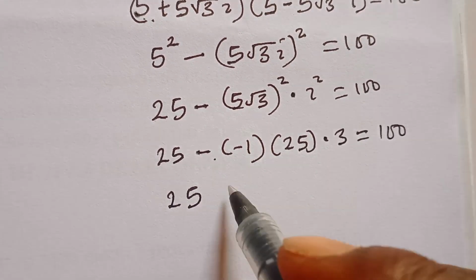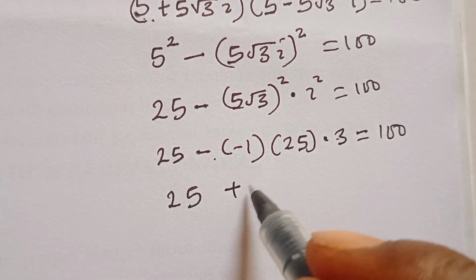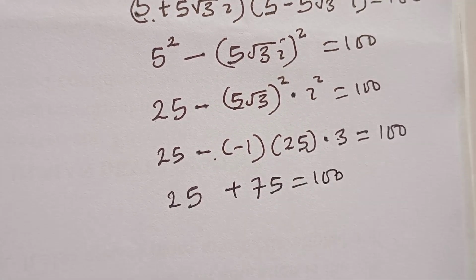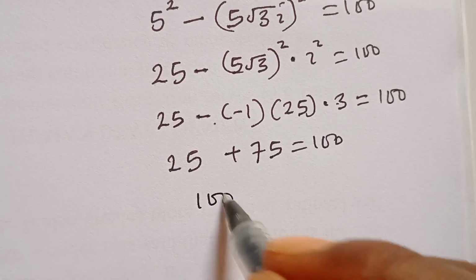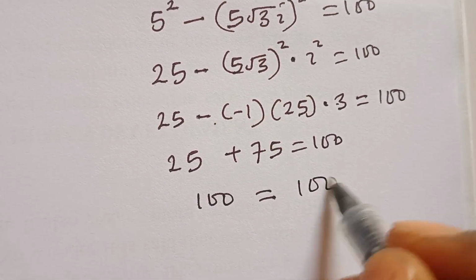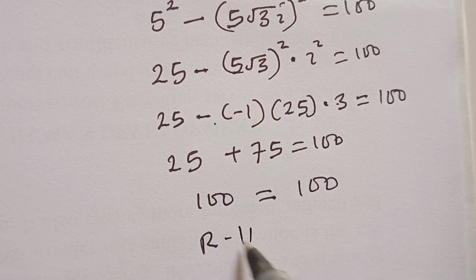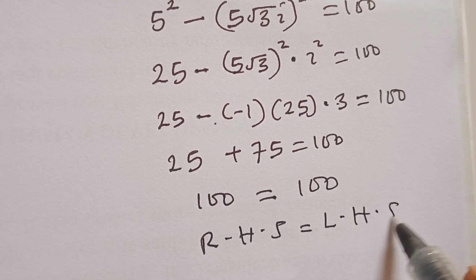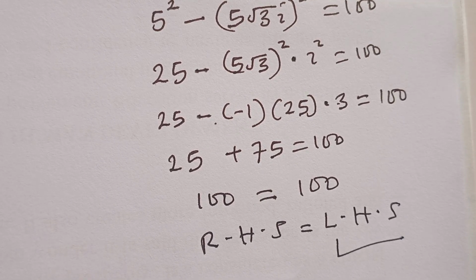Now 25 minus times minus gives plus, then 25 times 3 is 75, so now we get 100. Therefore 100 is equal to 100. It shows that our left hand side is equal to our right hand side. We therefore have the final answer for a plus b equal to 10 and ab equal to 100.